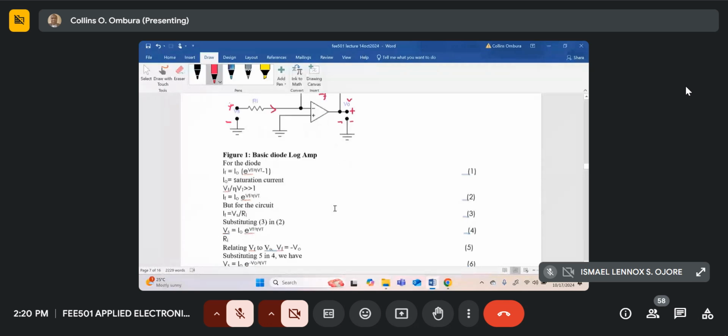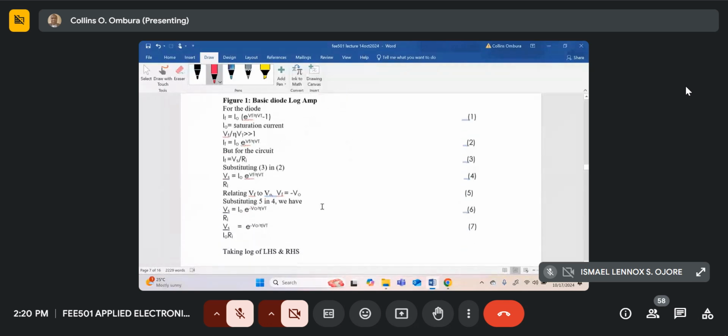So that is what we've written over here. Relating Vf to V naught, Vf is minus V naught. So let's substitute that in equation 4. So we'll get Vs over R1 is equal to I naught e to the minus V naught, all divided by neta Vt.